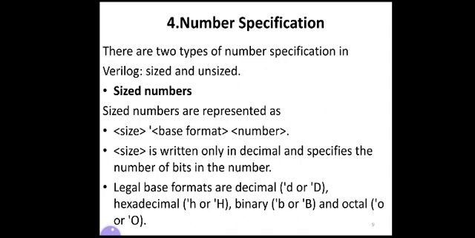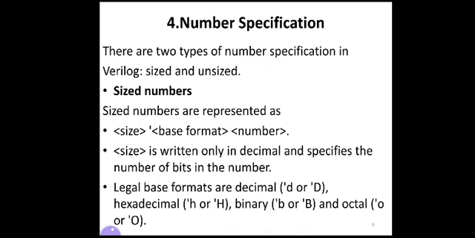If you want to write an 8-bit binary number, the size of that binary number is 8, so in the size you have to write 8. That must be written only in decimal. Size specifies the number of bits in that particular number. Remember, it provides the number of bits, not the number of digits.